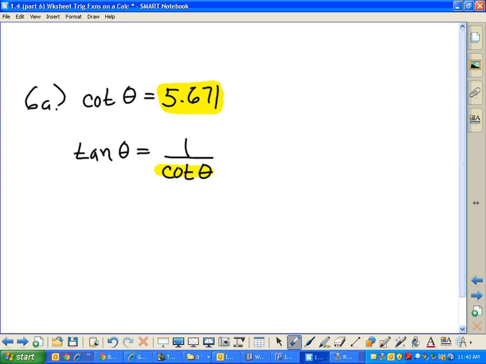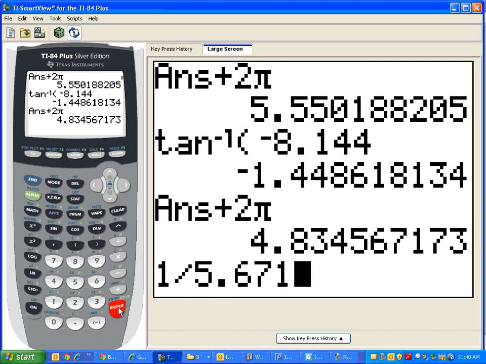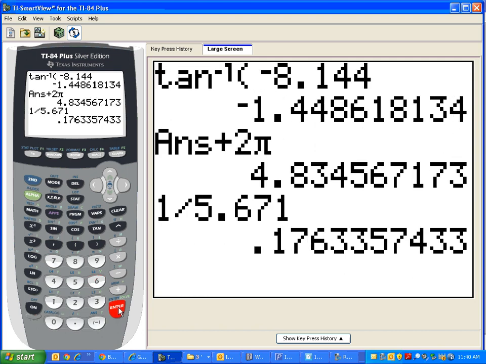So I could just substitute that right into the problem. And I'll go to my calculator for this part. So I'm going to do 1 divided by 5.671. And that gives me 0.176.